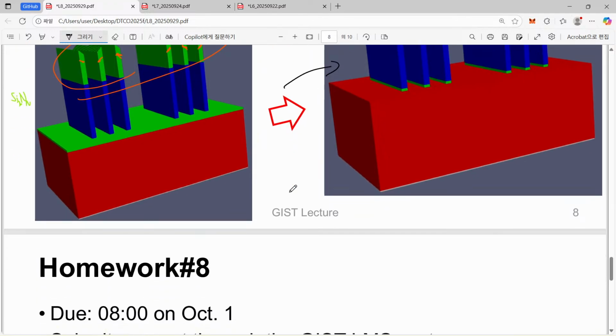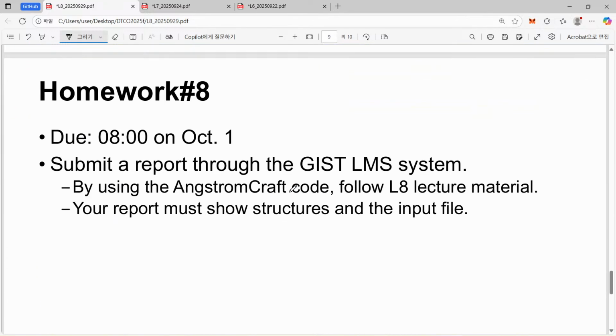Okay, then let me just give you homework number 8 and wrap up today's lecture. Please submit your report by Wednesday morning before we start our lecture. It is quite simple.